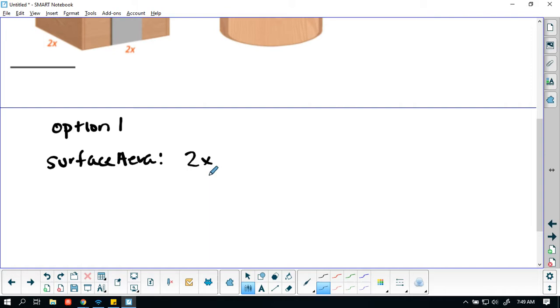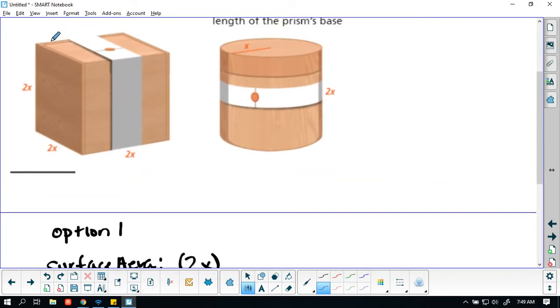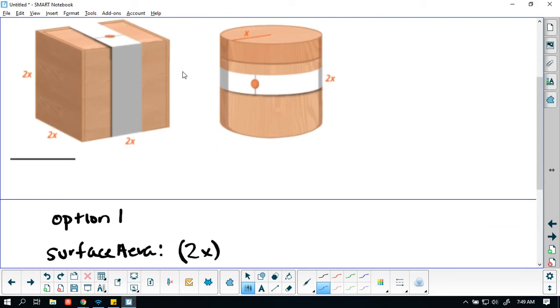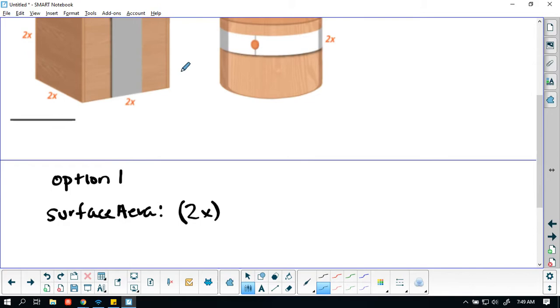So we have the square part, so we have this area here, that's 2x squared. That's two of those because we have two lids, two tops and bottoms. And then each side is going to be 4 times 2x squared.